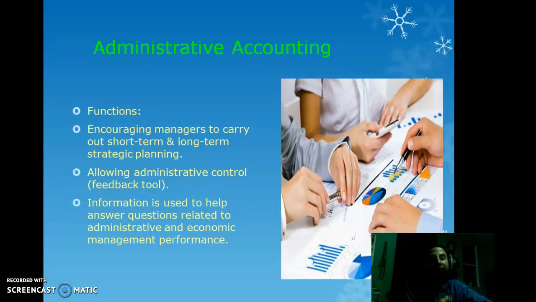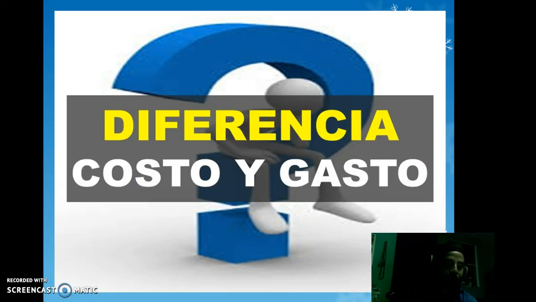It facilitates in this way the manager's job, for example. Another function of this is encouraging managers to carry out short-term and long-term strategic planning, allowing administrative control with a feedback tool. Information is used to help answer questions related to administrative and economic management performance.